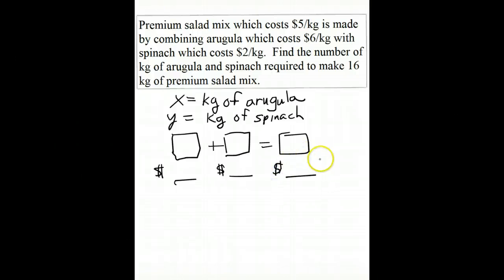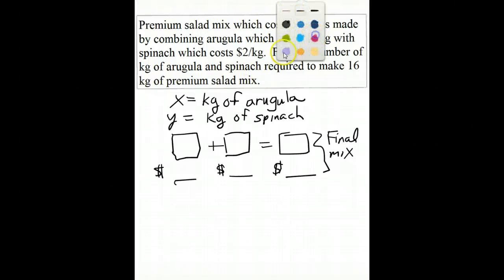Now remember that the right side is the final mix, and on the left side are our two mixes together. The reason you want to set this up is that when you read the problem again, you can put in the numbers as you go.